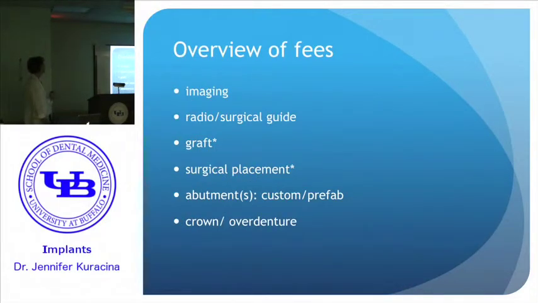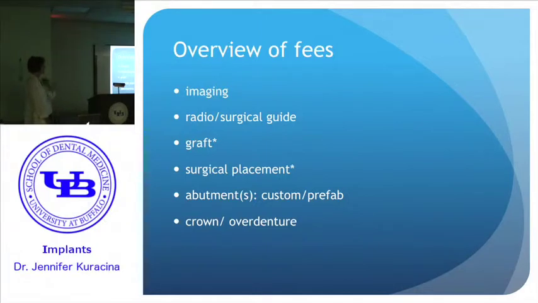So one of the things that is important in the treatment planning is communicating to the patient what the fees are. The students will all include a cone beam fee, whether we do it or not. We may or may not. A fee for the surgical guide, possible graft, implant, the surgery itself, abutments, and then the restoration.